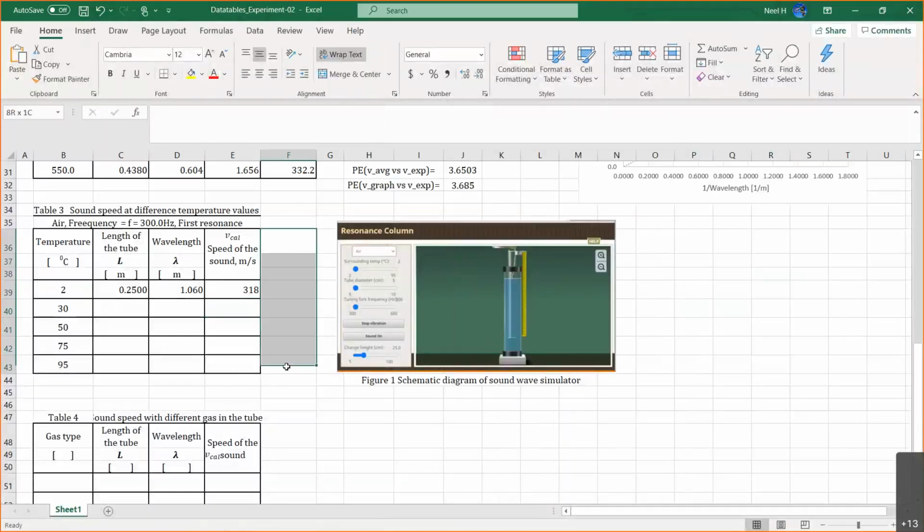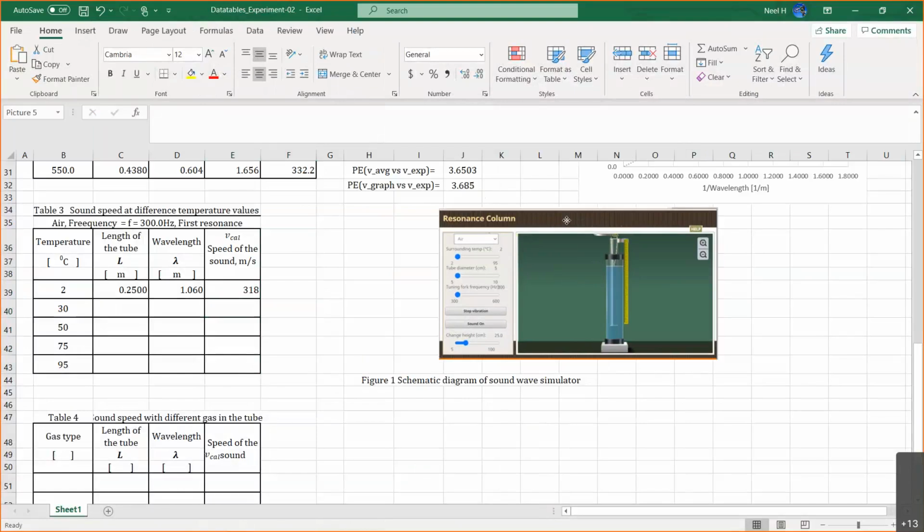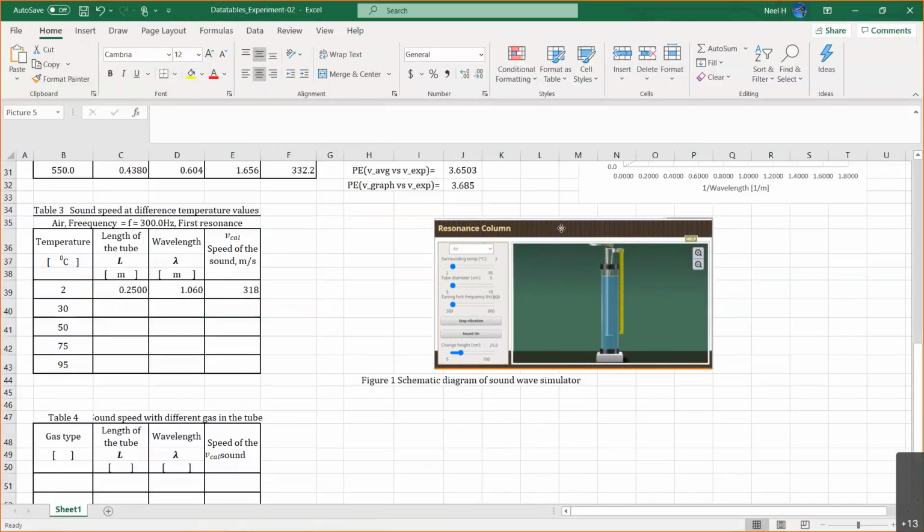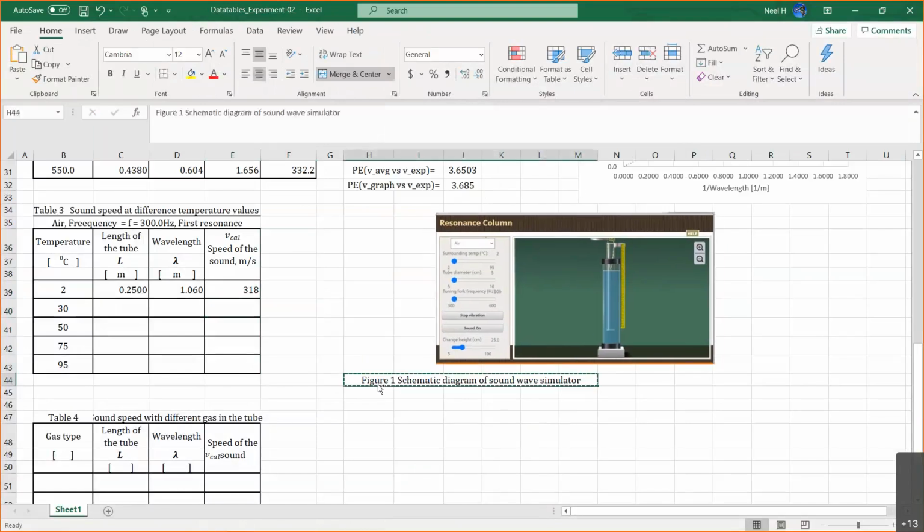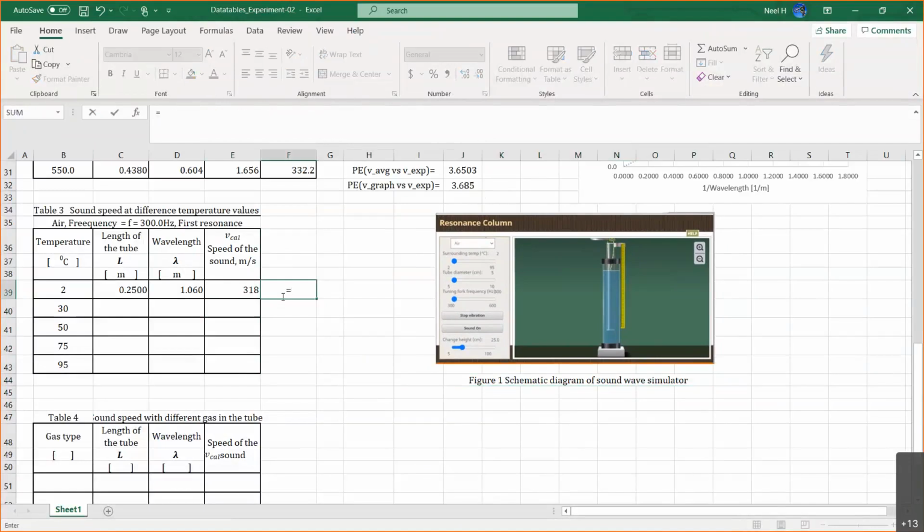Now let's check that expected value. Let's add another column here to see the expected value. Let me reformat that a little bit. That's better, to check with our expected result. Let's do the expected value. You know how to do the temperature correction. Equals, we are expecting 331 at 0 degrees.